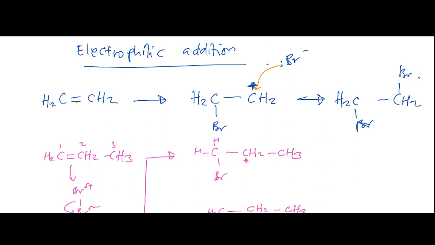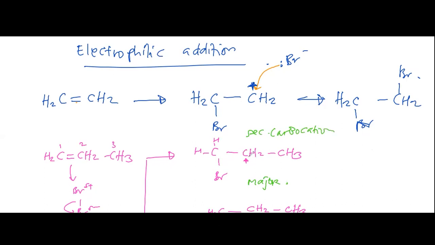The question is, which carbocation is preferable to occur? Look, I already told you about carbocation and how it is stabilized by positive inductive effect. This is the major carbocation. Why? Because this carbocation is a secondary carbocation.